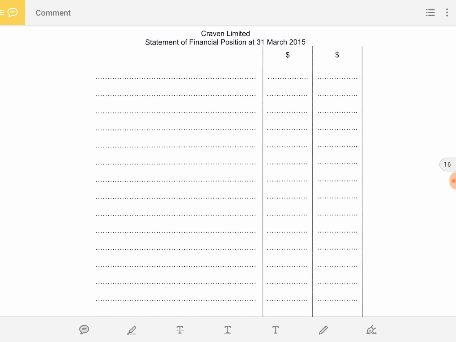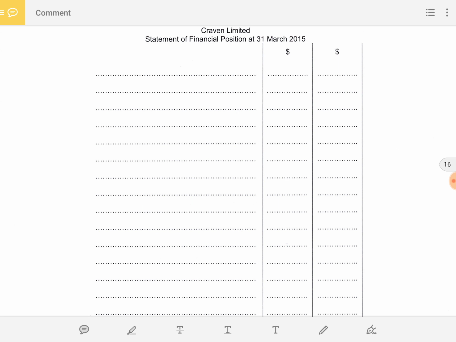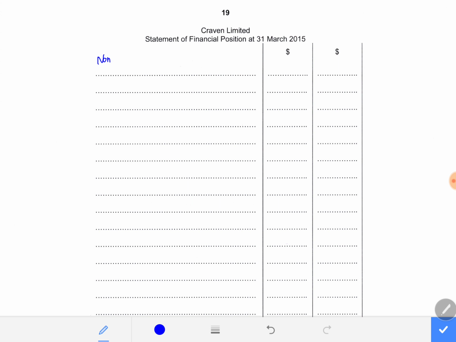Okay, here it goes. First, non-current assets. In the non-current assets, you have premises, and then fixtures and equipment, and then motor vehicle.